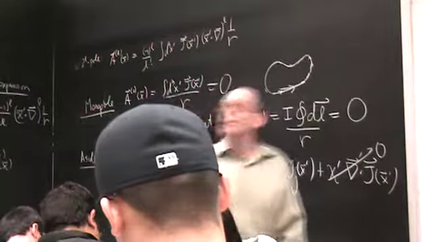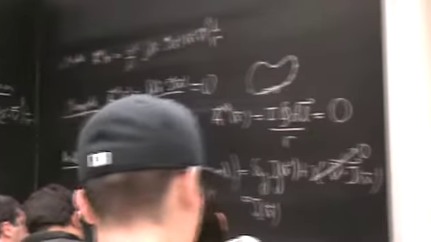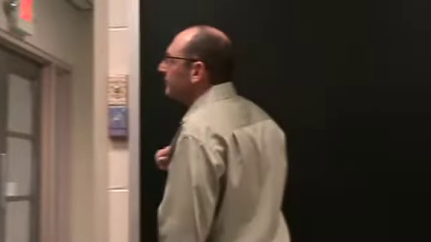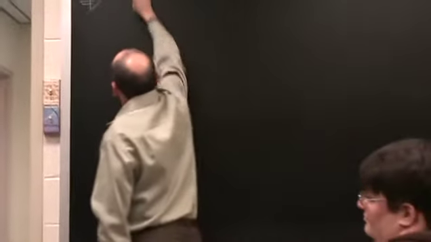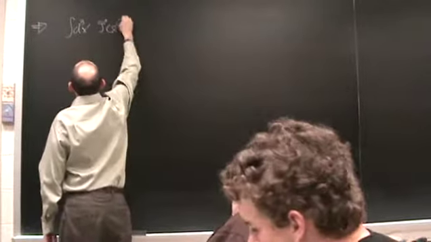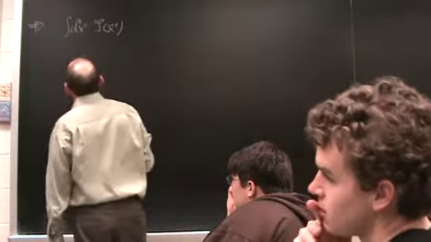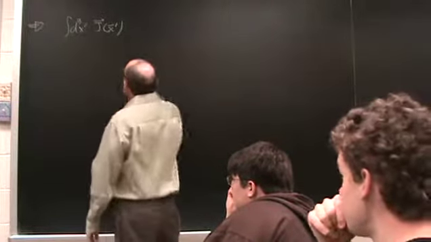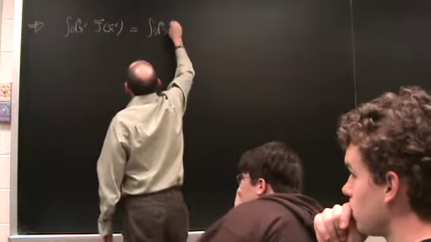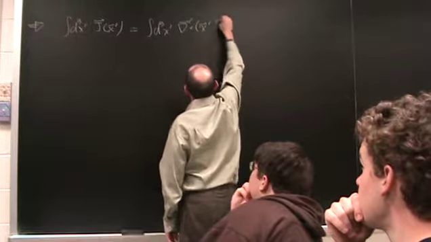So, what we see here in this completely unmotivated but true identity, the integral over all space of the current density, which is the thing that comes into the magnetic monopole, is equal to the integral over all space of the divergence of the tensor x prime j.